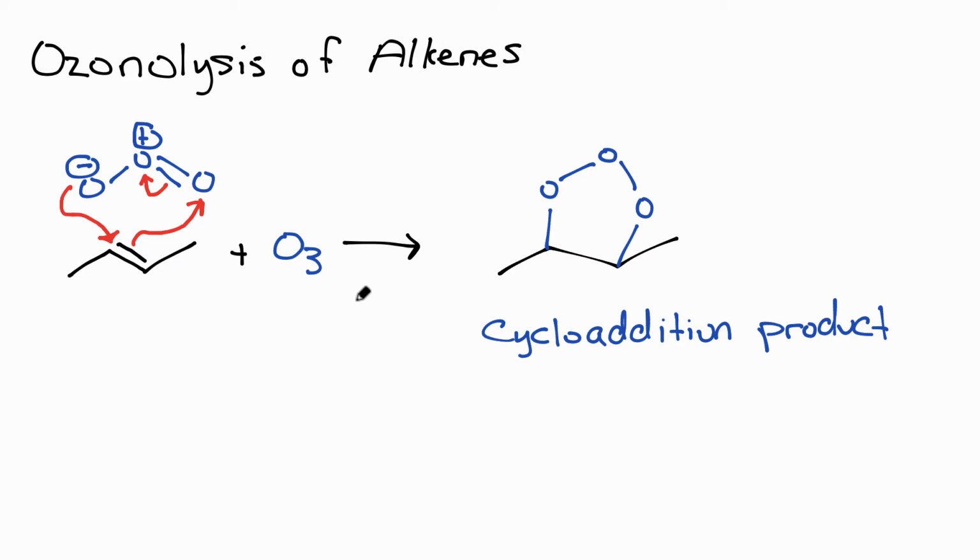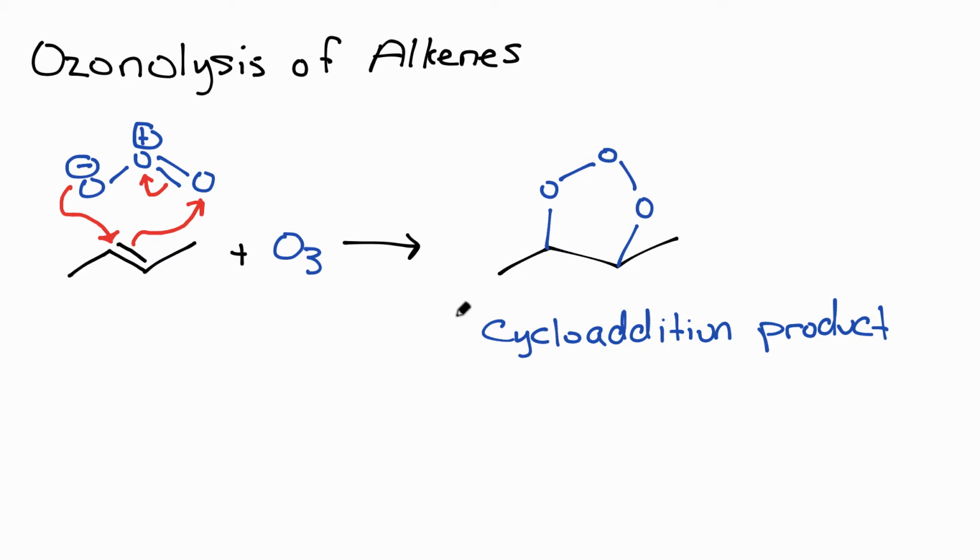Now this cycloaddition product isn't stable, and it rapidly undergoes a subsequent reaction to form what's called an ozonide. For those of you that are interested, we can look at the mechanism for that later.